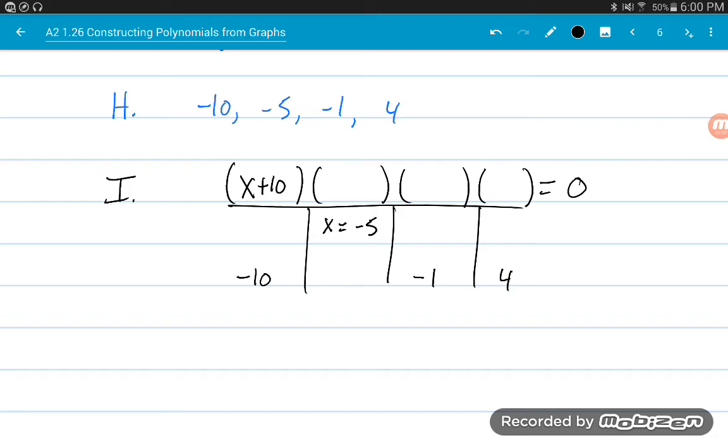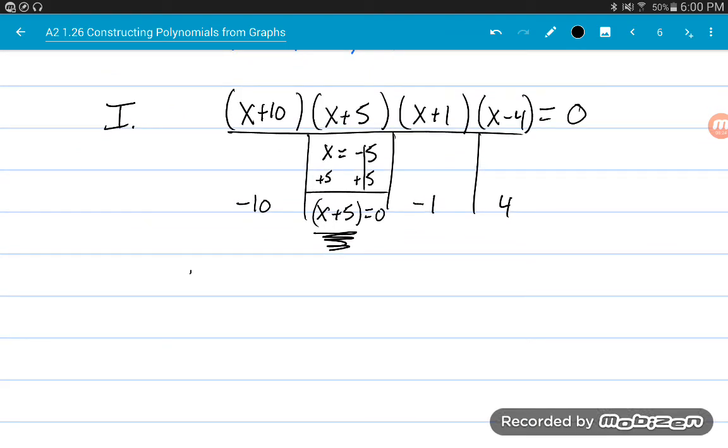If I say that x equals negative 5 is one of the roots, I can say plus 5 on both sides, and I get x plus 5 equals 0. That is what goes inside the bubble, x plus 5. For the minus 1, I get x plus 1, and for the 4, I get x minus 4.